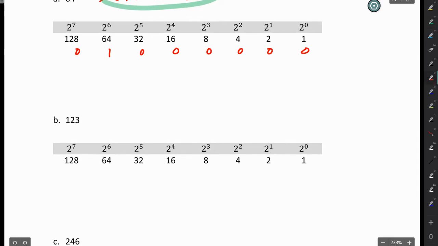For the number 123, I'm going to turn on this bit, this bit, this bit, and this bit. This one will be off, this one will be off, on.